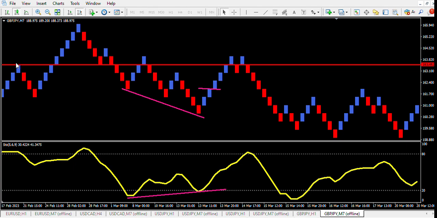Because see this touch right here. You get a good hit here. Looks like it bounces right here. So you can see that there's a little bit of an order block right in this area. And then that's about a 150 pip move right there.